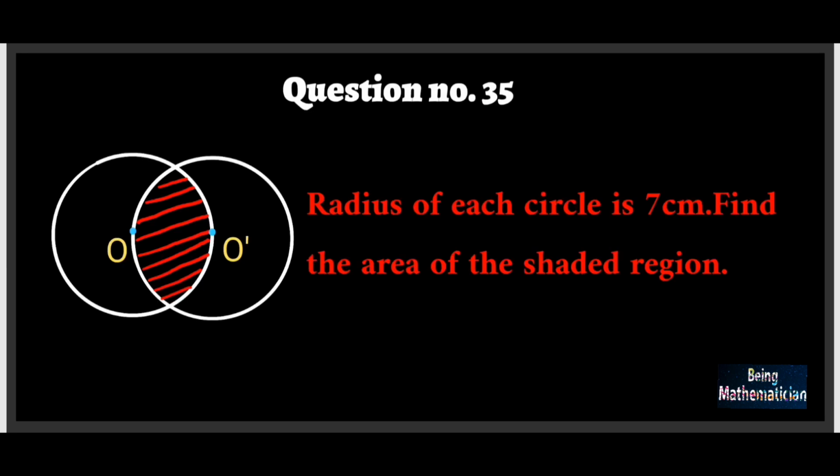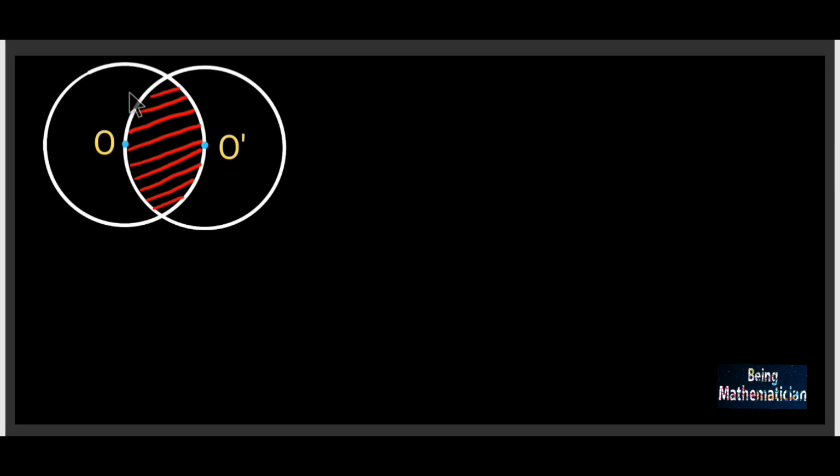Question number 35. At first, we have to observe that these two parts are symmetrical. This part and this part are symmetrical. So if we find the area of one part, then we can find the area of the whole shaded part.